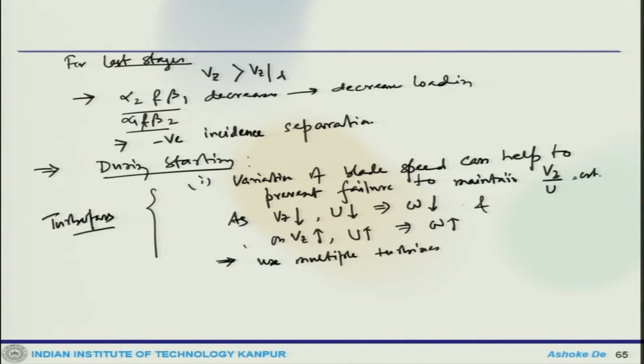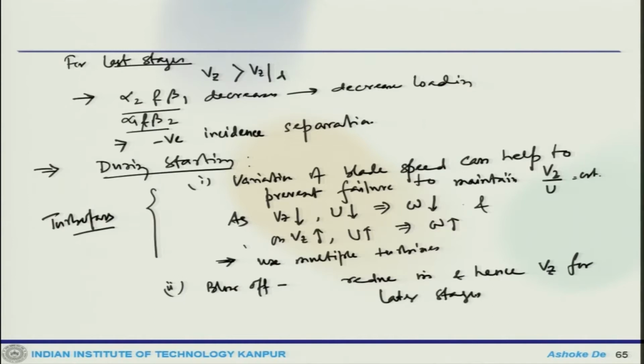A second option is blow off, which means bleed: take some air at middle stages and pass it through the bypass. When you do that, you reduce m dot and hence Vz for later stages. This is typically done in turbofan. So, these are some of the issues.